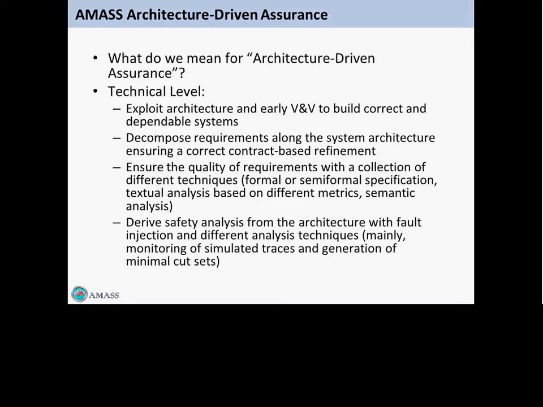And we have also the possibility to derive safety analysis from the architecture, injecting faults in the models and applying different techniques, mainly based on monitoring on simulated traces or the generation of minimal cut sets.